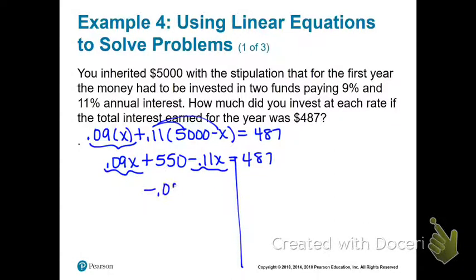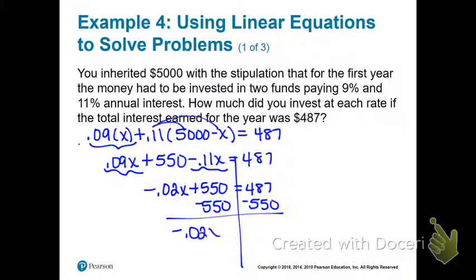So negative 0.02x plus 550 equals 487 minus the 550. So negative 0.02x equals negative 63, divided by negative 0.02. And so we find that x is equal to 3,150.